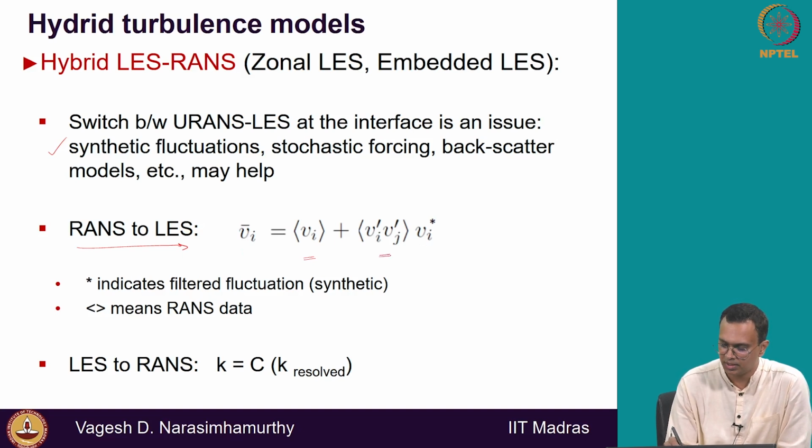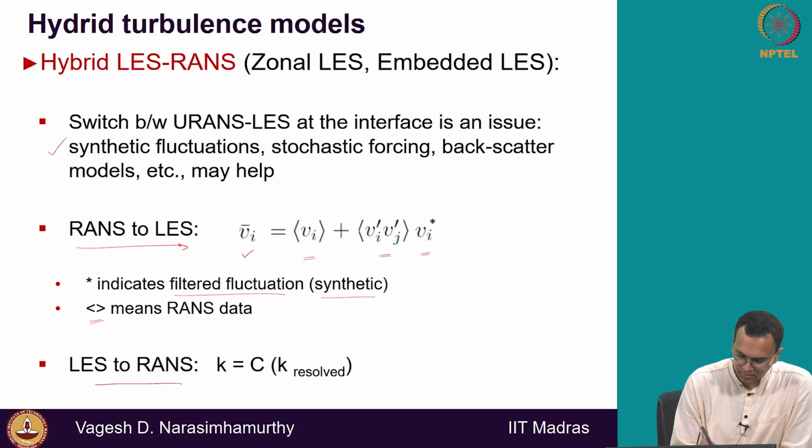For that, of course, you take help from Reynolds stresses, and you take these synthetic fluctuations or filtered fluctuations, this v_i star. Using this, you will get your LES or the filtered velocity on the other side of the interface. The star indicates the filtered fluctuation or say the synthetic fluctuations, and the angular brackets, as I said, are RANS data, the ensemble mean data here.